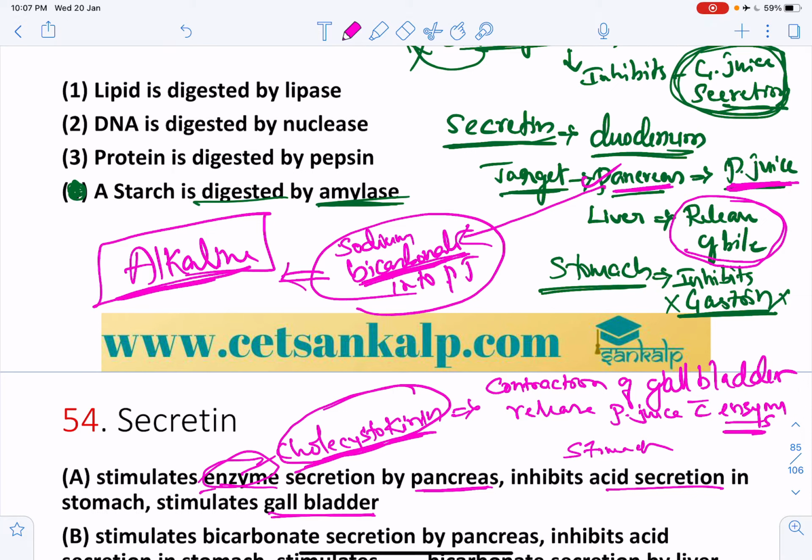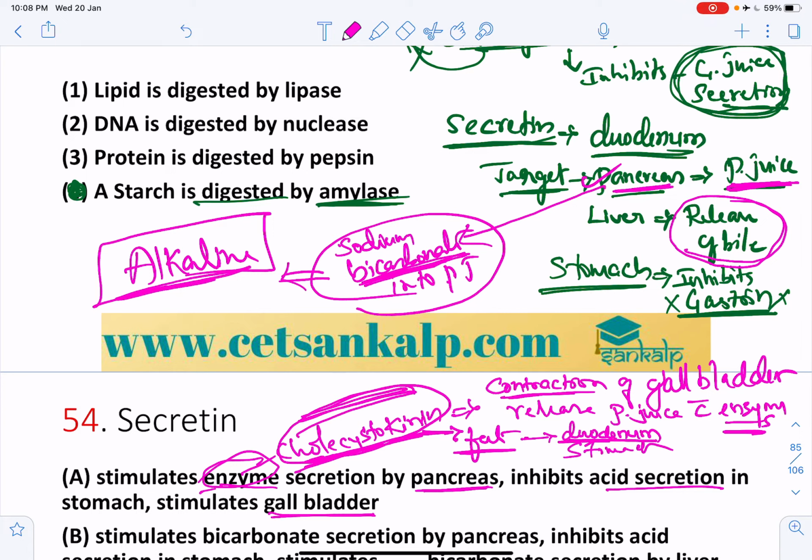And one more important thing to keep in mind: the stimulus for cholecystokinin is fat, because bile will pour. When food with fat enters the duodenum, that acts as the stimulus for the release of cholecystokinin.